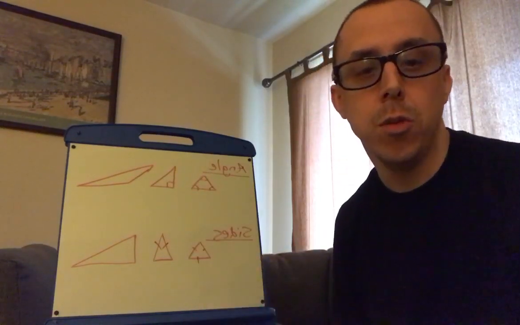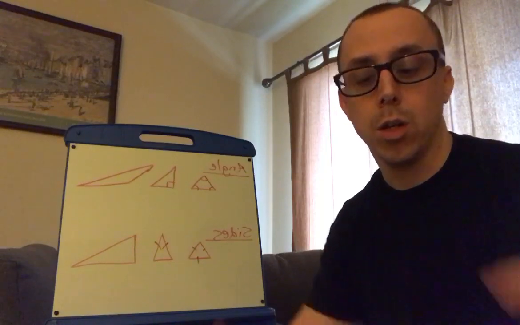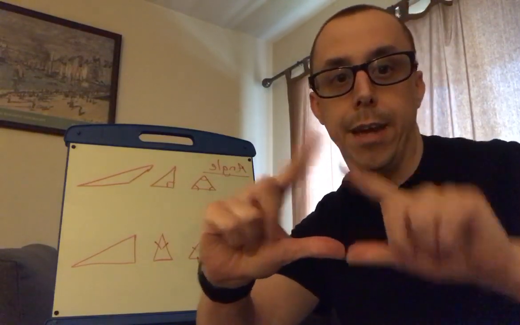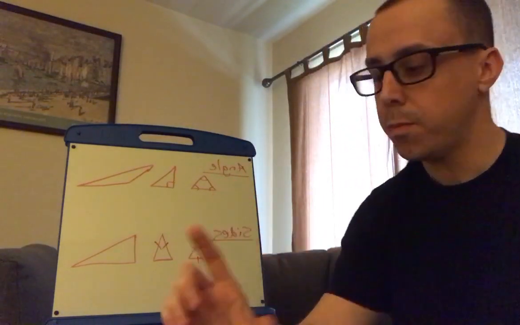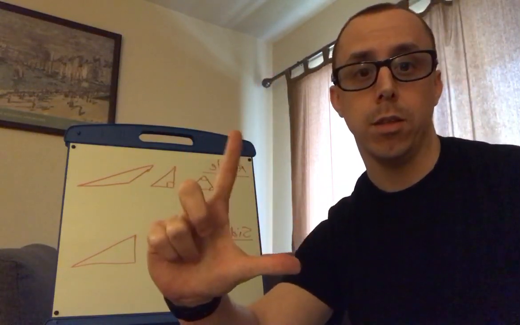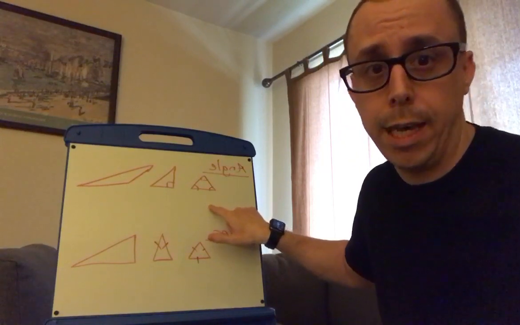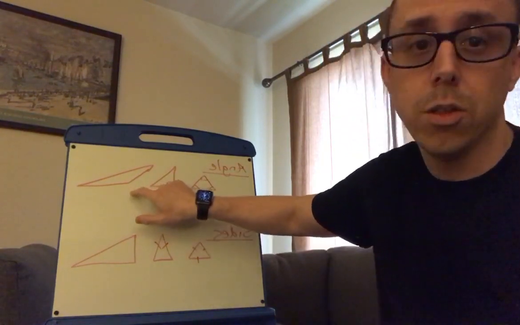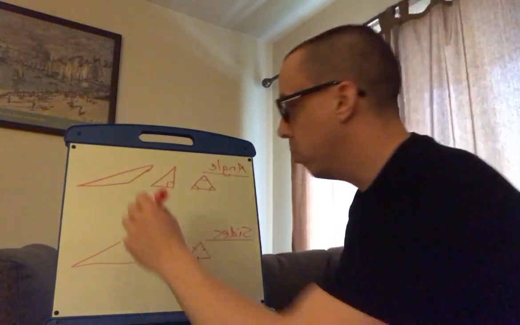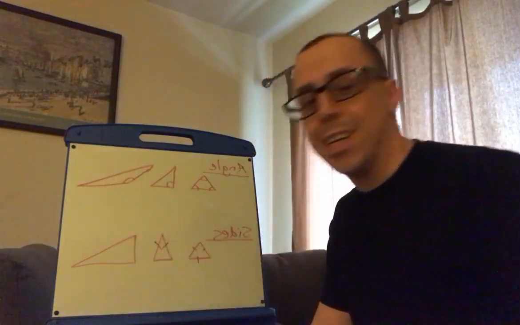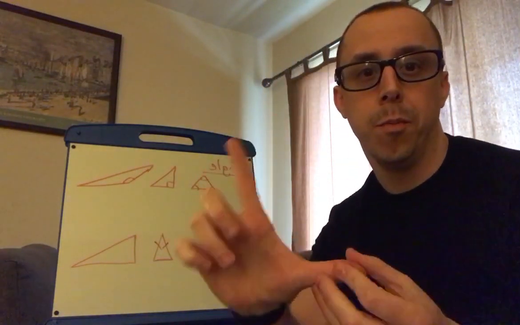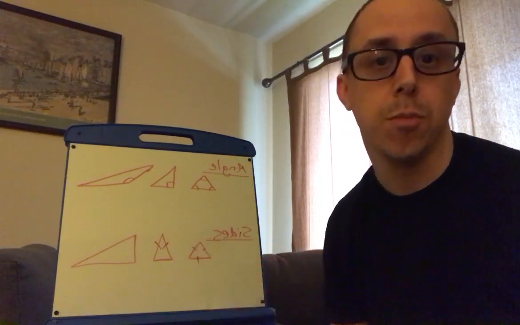This here is an acute triangle because all the angles are smaller than a right angle. By smaller, I mean it would start like this, and it's more closed. So this has 3 acute angles. This is called an obtuse triangle because it has a very, very big angle in it, an obtuse angle.